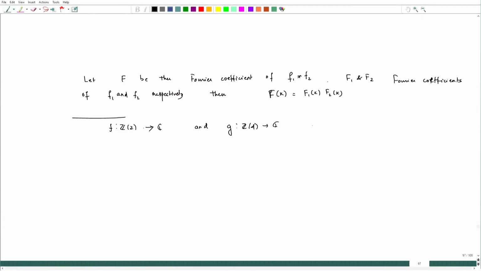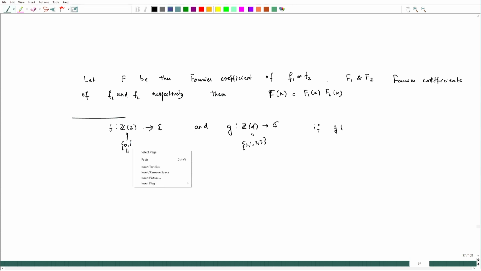So, does there exist one? And now this I need to define. Suppose Z 4 is equal to 0, 1, 2, 3 and Z 2 is equal to 0 and 1.